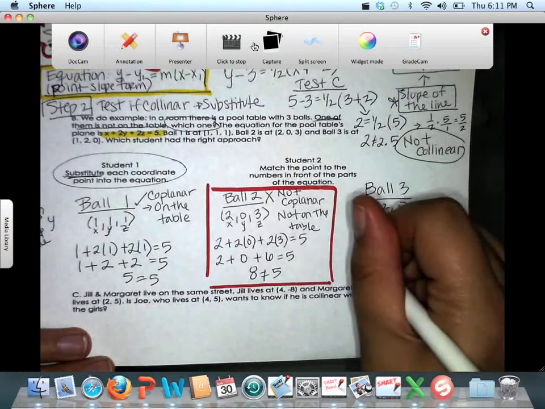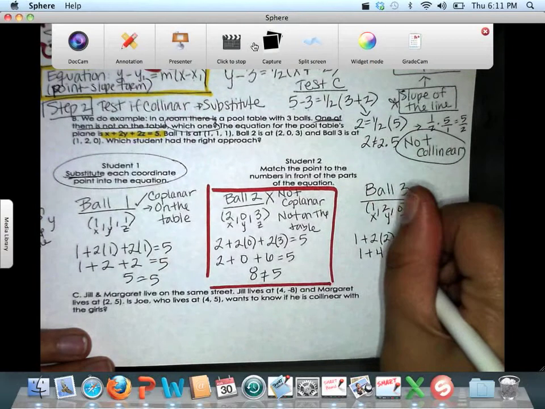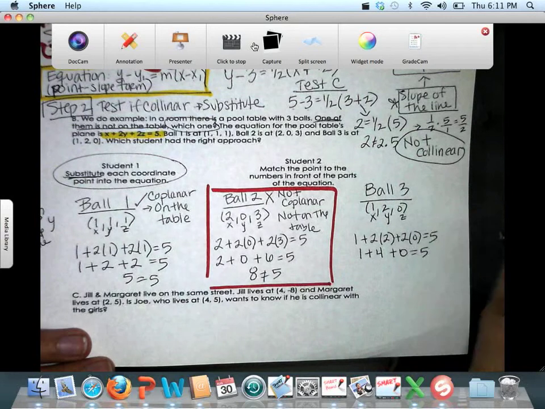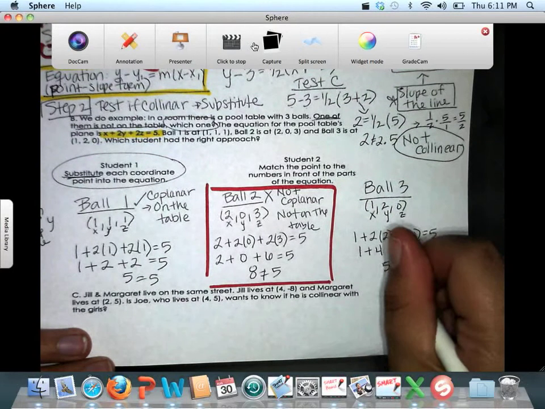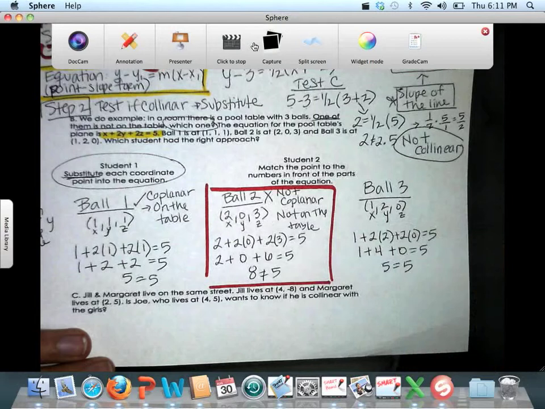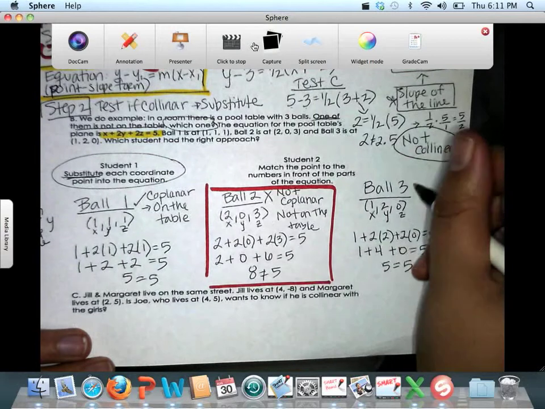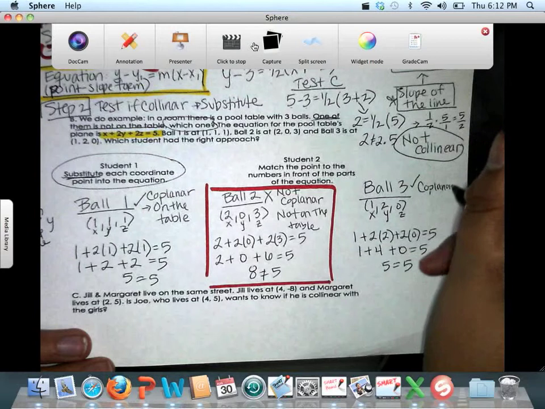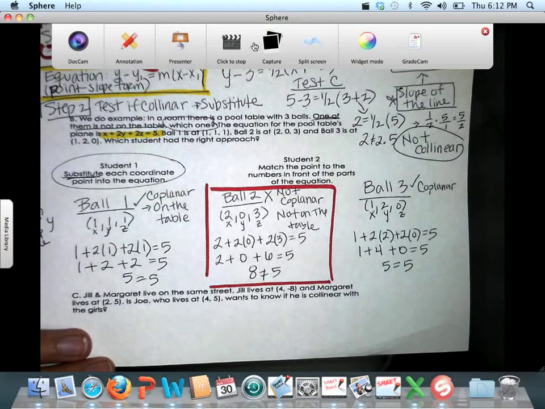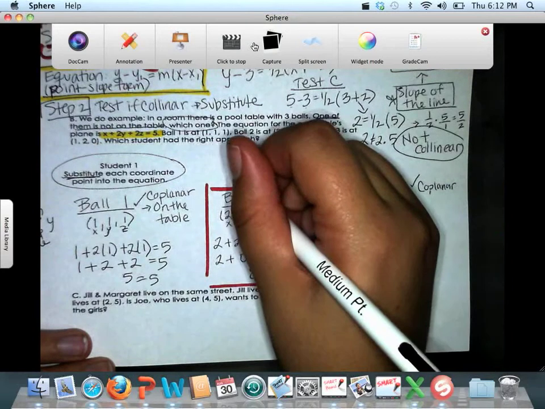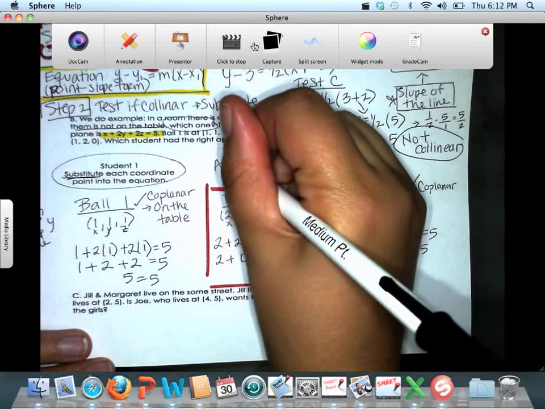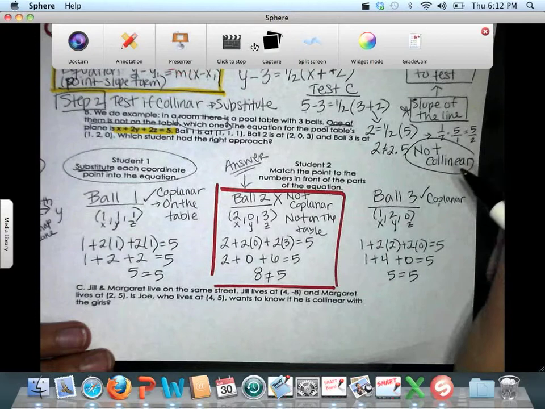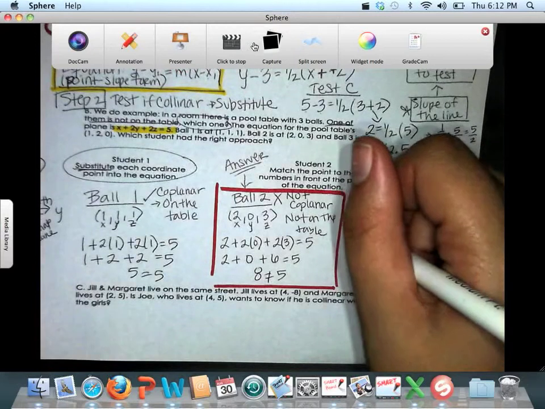Simplify. 1 plus 4 plus 0 equals 5. And you get 5 equals 5. Just like ball number 1, this one works. This one is, in fact, coplanar. So just remember, this is our answer, right? Because ball 2 was not on the table.